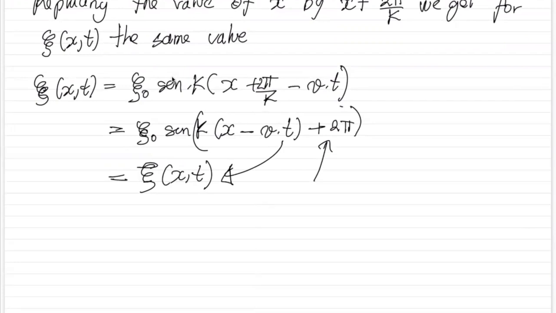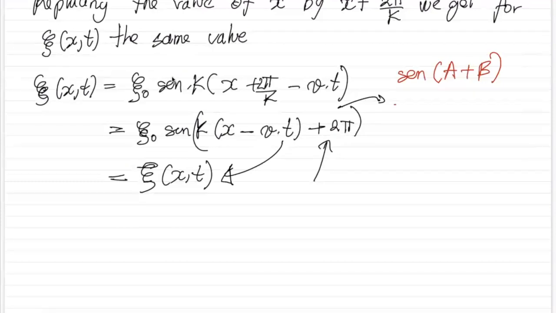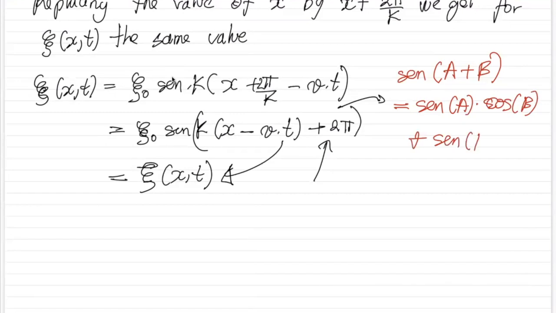The formula that we are applying is the following: sine of a plus b equals sine of a times cosine of b plus sine of b times cosine of a.